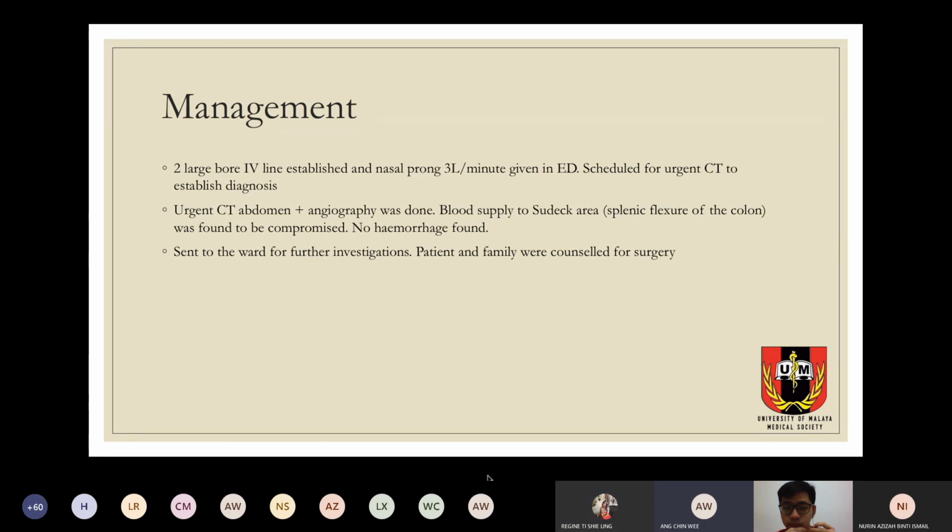I need you to reason it. Where in the history and examination do you think diverticular perforation is a reasonable differential? If you can't even find that clue, don't even mention it, because that will be wrong. Understand? So it's this reasoning skill, a thinking process, that you all need to go home and start doing.